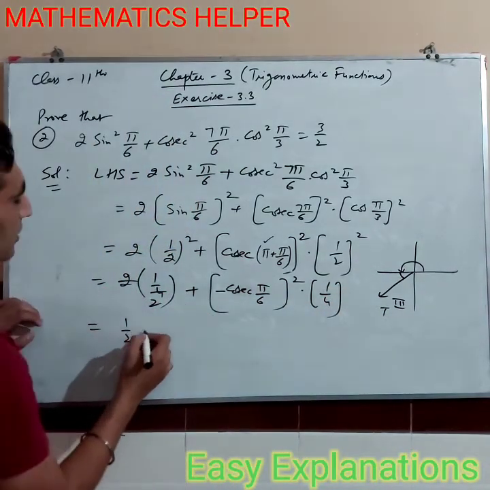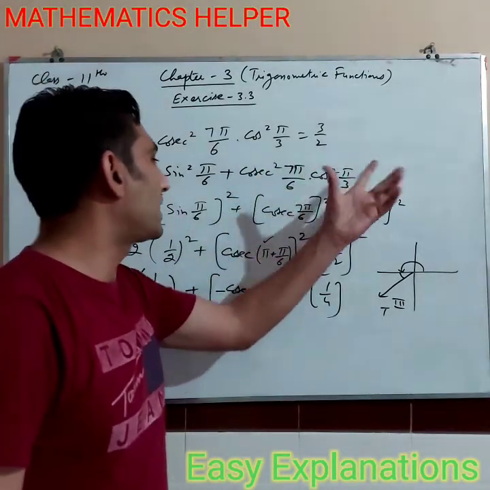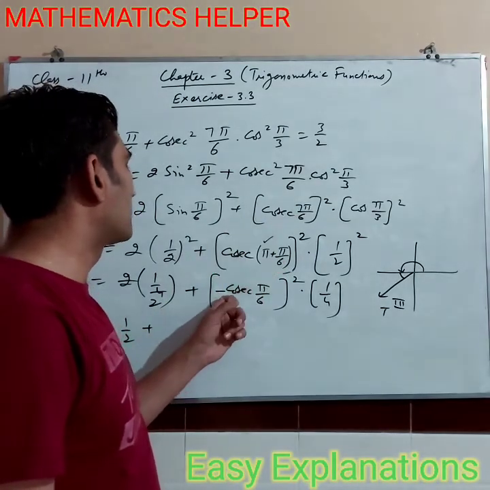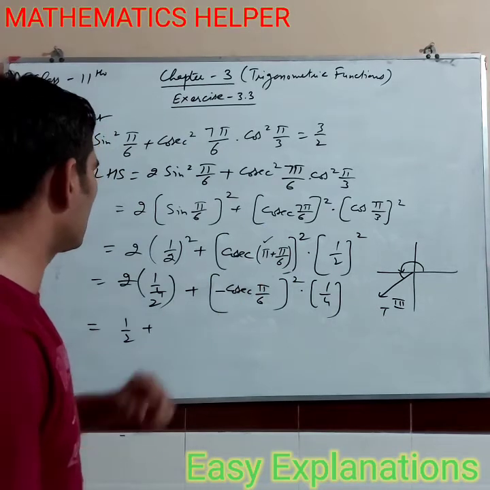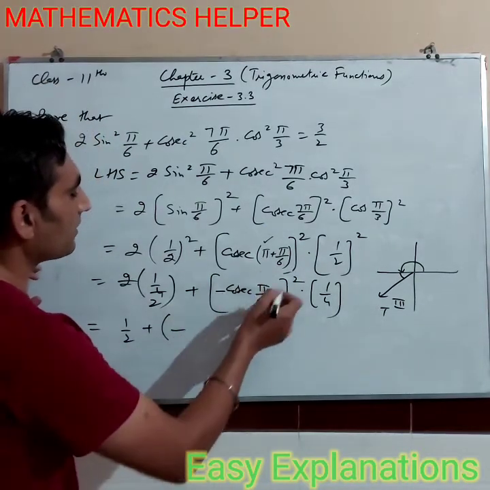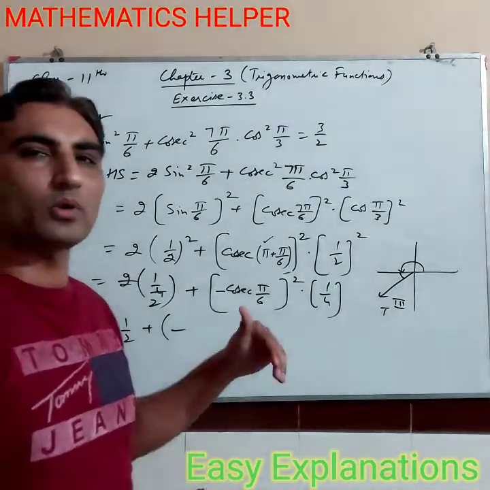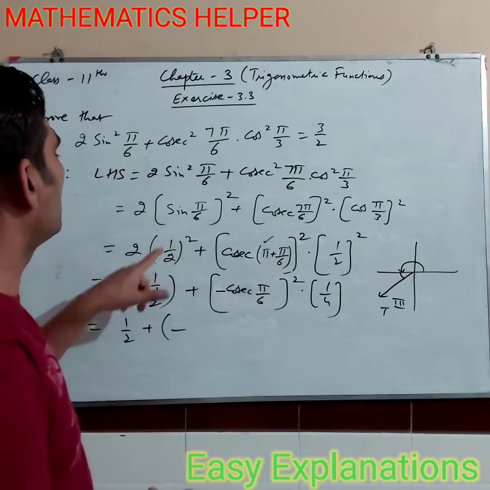Now we have 1 over 2 plus. Now I told you earlier, we have to write the square outside because of this. Otherwise, if you directly write, you will ignore this square of the negative sign and your answer will differ. It is minus cosecant pi over 6. What is cosecant pi over 6? It is the reciprocal of sine pi over 6, and sine pi over 6 we marked there, it is 1 over 2.